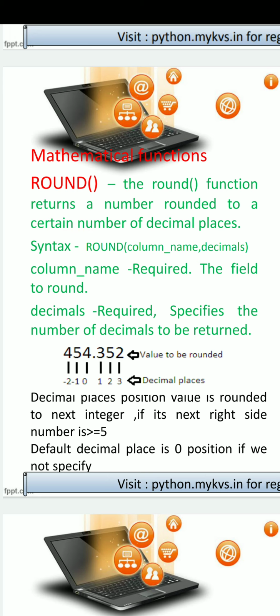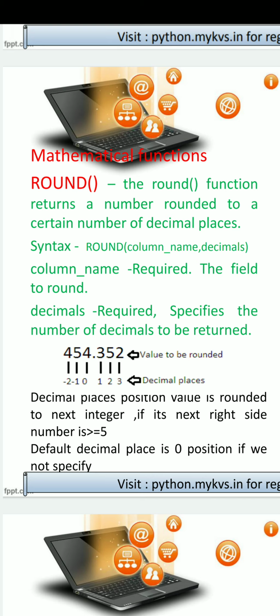But for benefit purposes, generally teachers round it to the next integer, that is 5. But in mathematical terms, every number which is above or equal to 0.5 is converted to the next integer number, and if it is below 0.5, it should be converted to its base integer value.